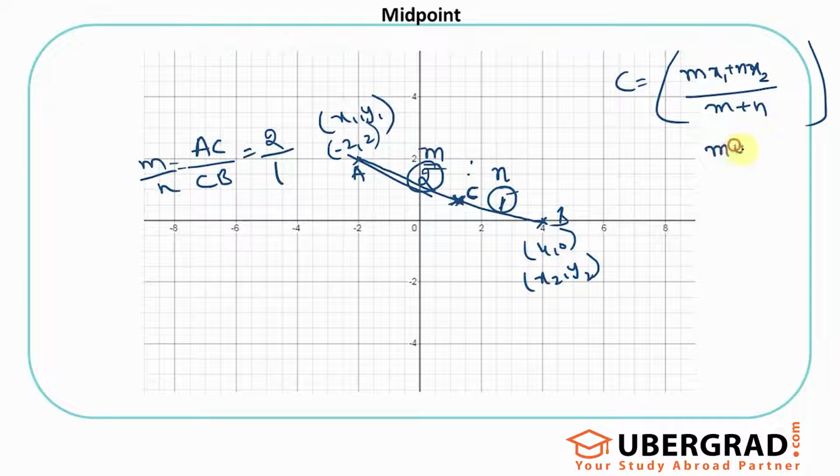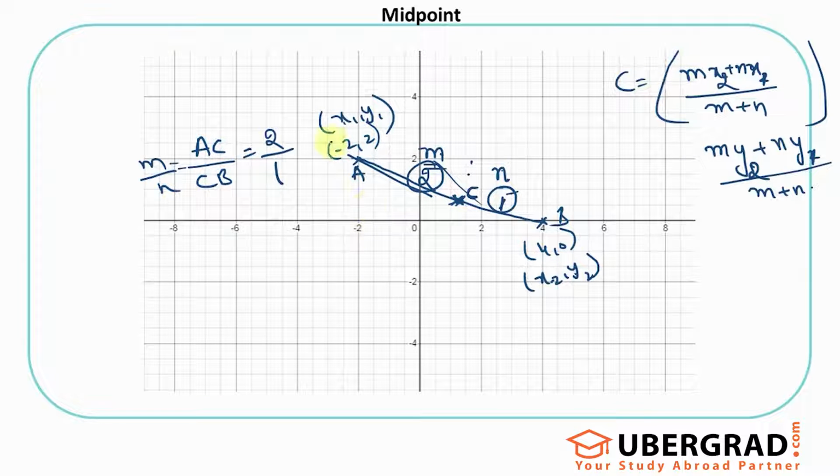And the y coordinate will be the same, M y1 plus N y2 by M plus N. Sorry, the formula is actually (M x2 plus N x1) by (M plus N), and (M y2 plus N y1) by (M plus N). So I'm multiplying M with x2 and then N into x1, similarly M into y2 and N into y1. So I'm cross multiplying. A, B cut by point C in M is to N ratio, so the coordinates of C would be this.